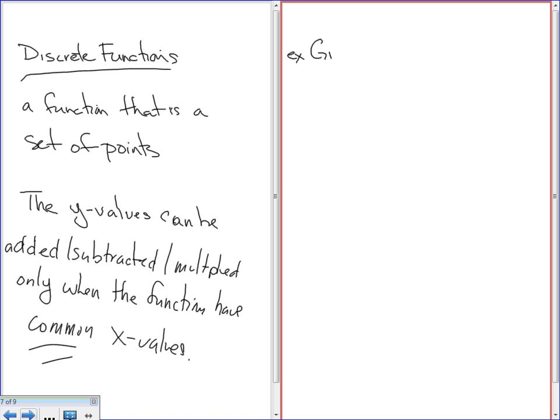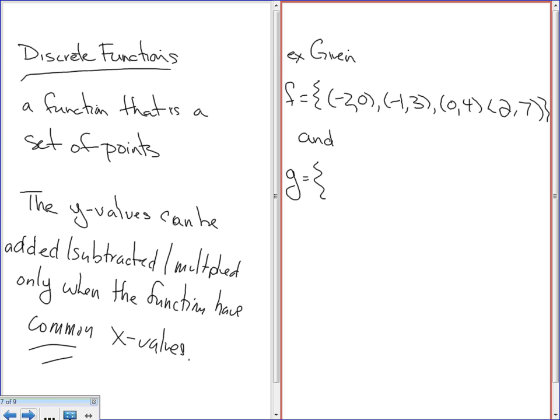So given f of x is the set of points (-2, 0), (-1, 3), (0, 4), and (2, 7), and g is the set of points: this is -2, so -2.